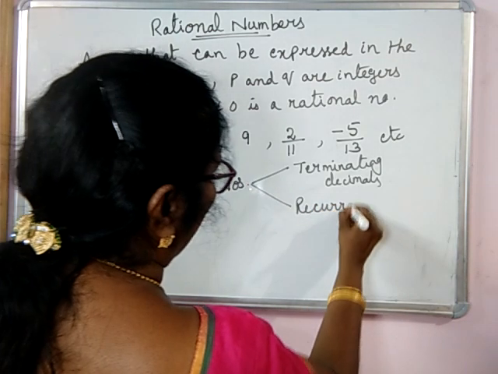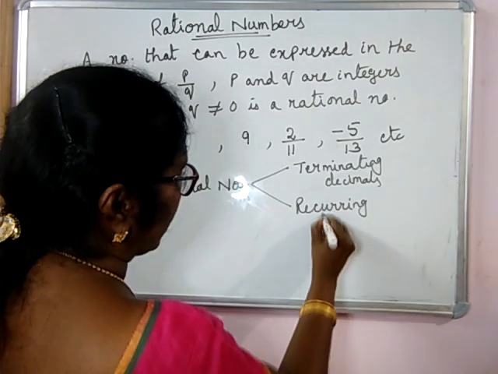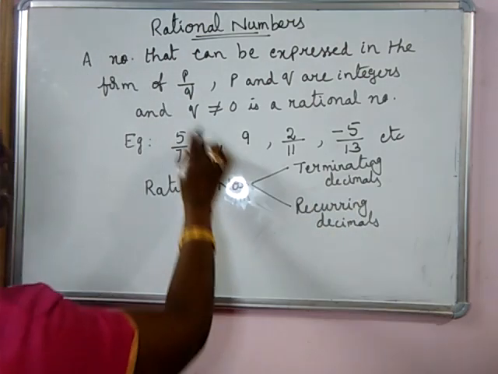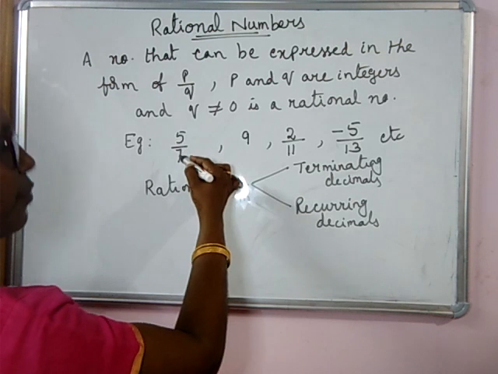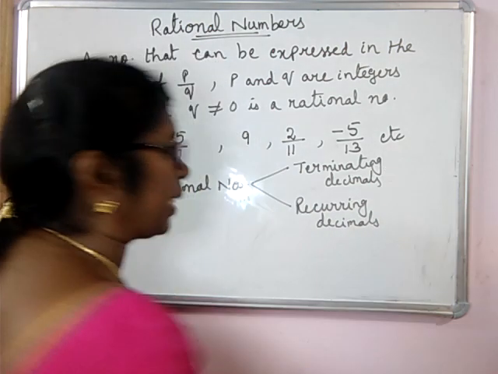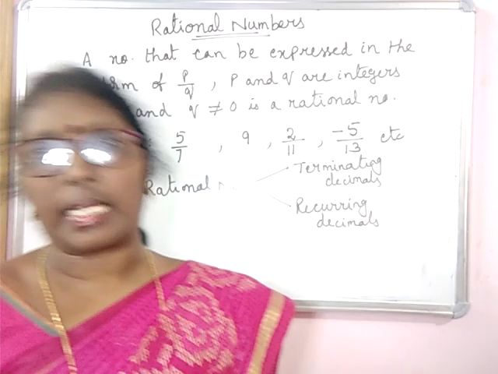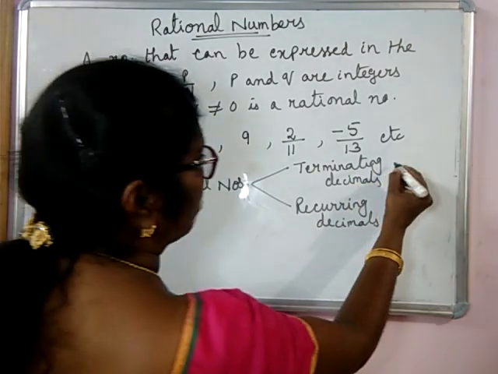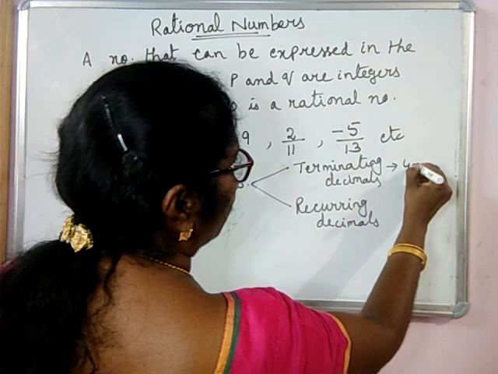Recurring decimals are said to be repeating decimals also. When you convert these rational numbers which are in the fractional form into decimals, either you get terminating decimals or you get recurring decimals.